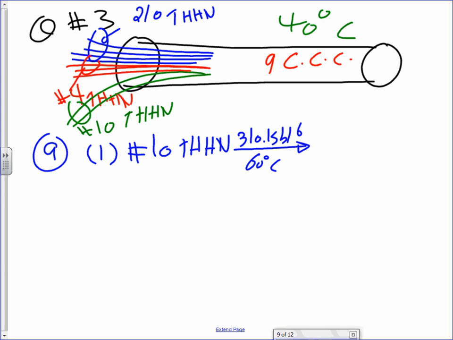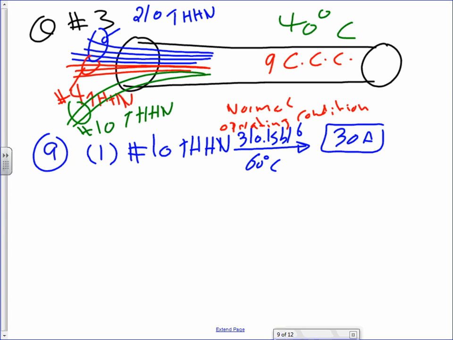Number 10 conductor, normal operating condition. How much current can number 10 carry under normal operating condition? 30 amps, right? 30 amps. Can you guys please go verify 310.15 B16 under normal operating condition. I'm going to call it normal operating conditions.